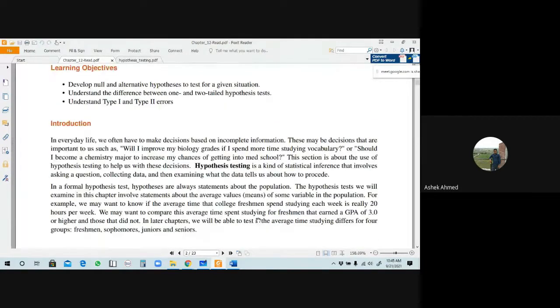In another case, in everyday life, we often have to make decisions based on incomplete information. অনেক সময় incomplete information থাকা সত্ত্বেও আমরা কি করি একটা assumption করে নিই, okay? That will be hypothesis. Hypothesis means assumption, imagination.